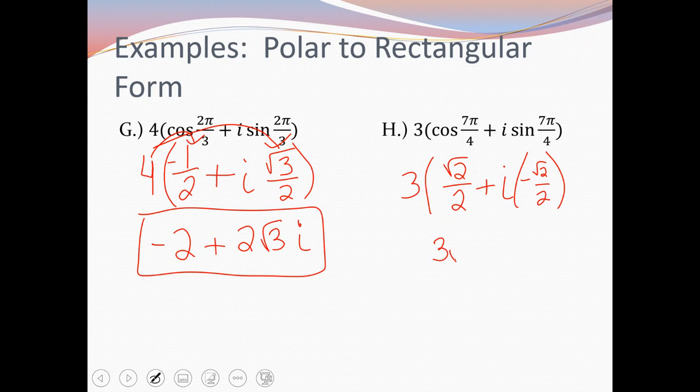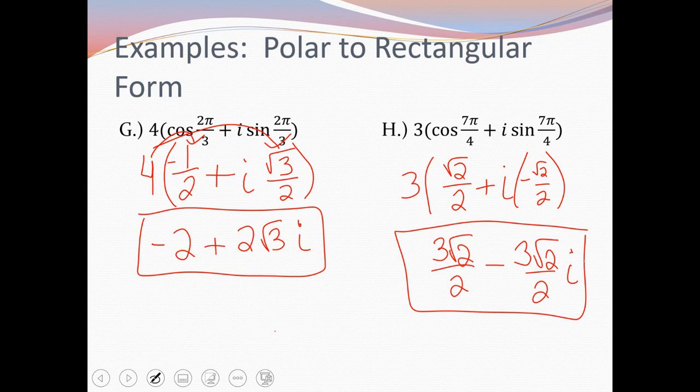So this would be 3 square root 2 over 2, plus, I'm going to change it to a minus sign to deal with that negative, 3 square root 2 over 2i. And you would see it written like that. So find what they are based on the unit circle, and then distribute that r into both of them.